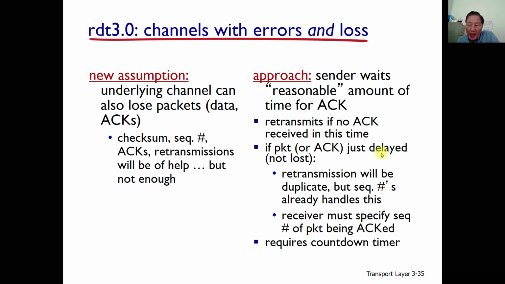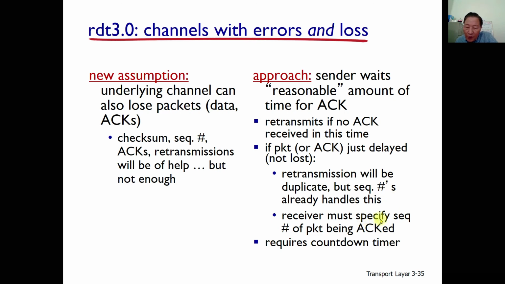If the packet is just delayed and actually not lost, the retransmission will be a duplicate, but we are using sequence numbers. With this sequence number, we can differentiate, and the duplicate one will be discarded.